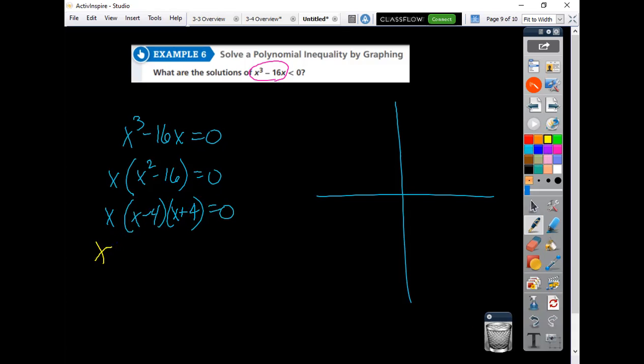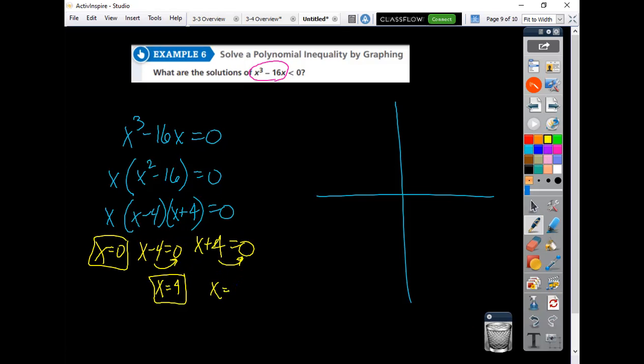So when does x equal 0? When does x minus 4 equal 0? And when does x plus 4 equal 0? That's solved already. Add 4 to the other side. Subtract 4 to the other side. So my 3 zeros, negative 4, 0, positive 4, and then do a little analysis to figure out where it is in between those.